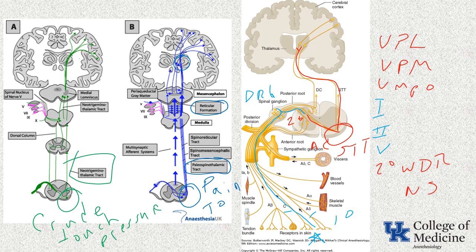Most of these synapse in the VPL and then go to higher cortical structures, primarily the posterior somatosensory cortex. In the paleospinothalamic tract, a lot of these fibers synapse in different areas of the brain, the anterior cingulate cortex, as well as the somatosensory cortex.